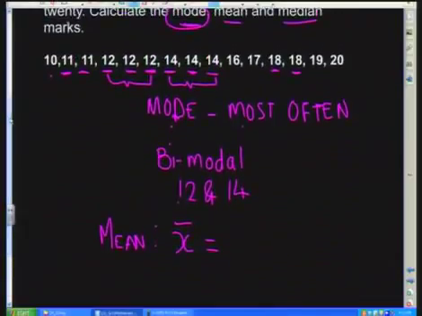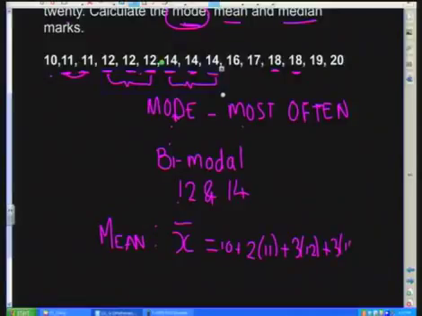So we've got 10 plus, we've got 2 sets of 11, so 2 times 11, plus we've got 3 sets of 12, so 3 times 12, plus we then have 3 sets of 14, so 3 times 14.